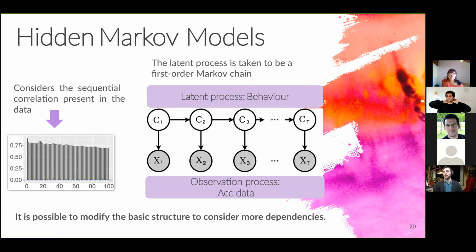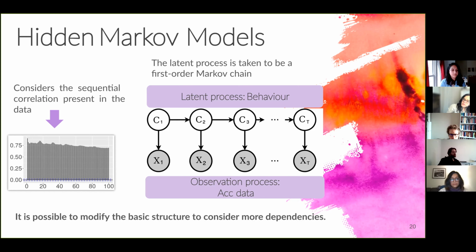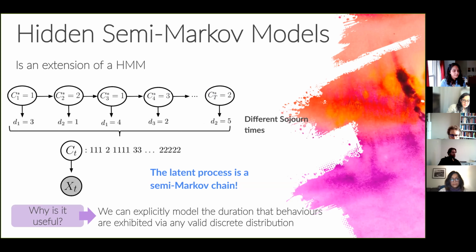A basic HMM can be modified in order to consider more dependencies in the data. So we also extended the HMM to an HSMM, and then we compared the classifications of both models.